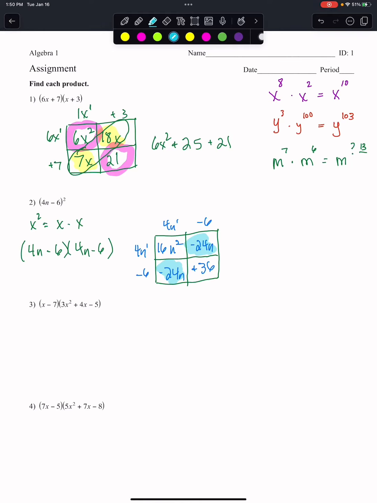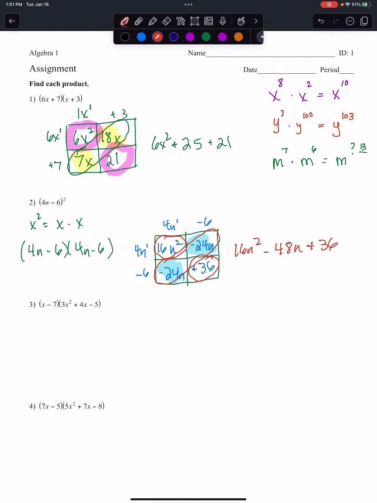And remember, the top left is going to go first, and the bottom right will always go last. I'm going to add my diagonals: negative 24 plus negative 24, or negative 24 minus 24, is going to be negative 48n. Okay?